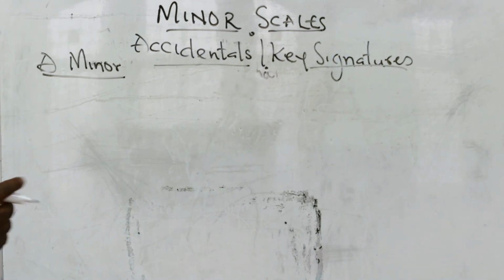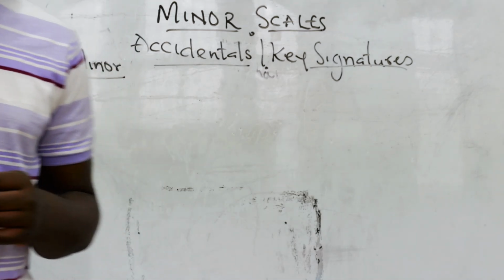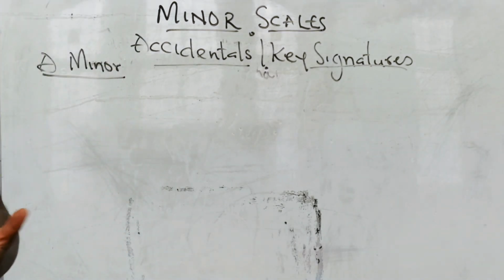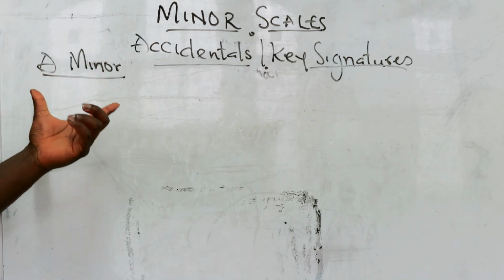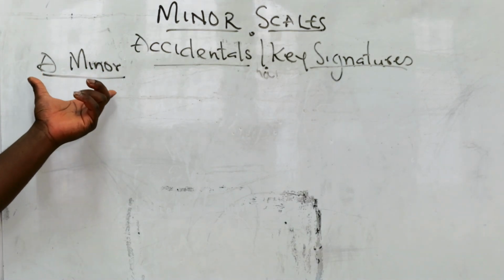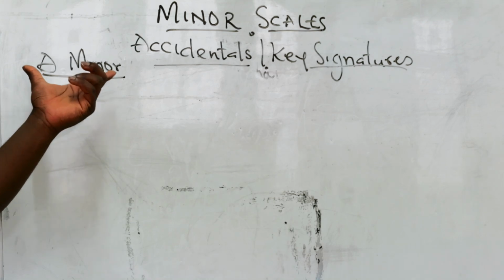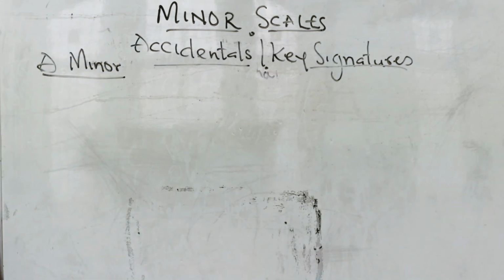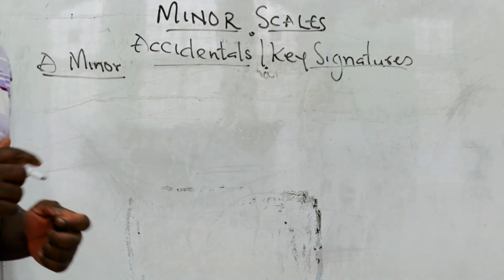How do you construct? There's what you've been taught, relative keys, relative scales, am I right? So what key signature is this going to have? How do you know? A minor normally takes the key signature of its relative major.